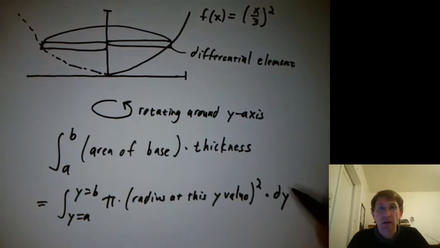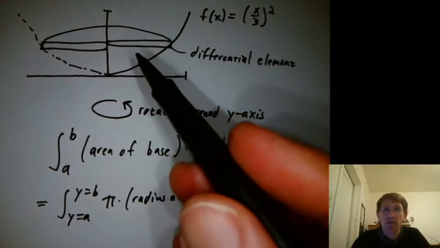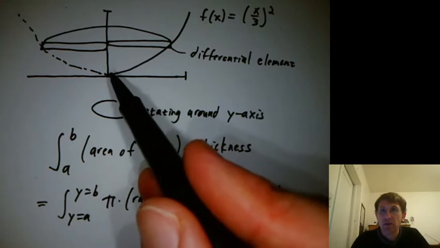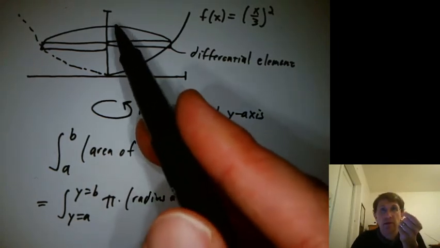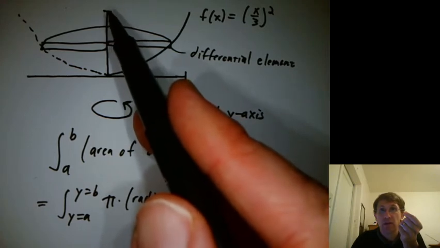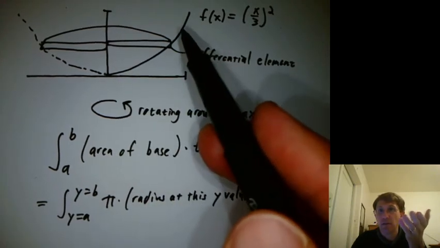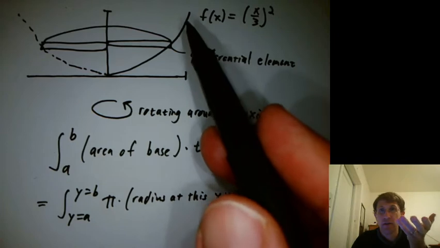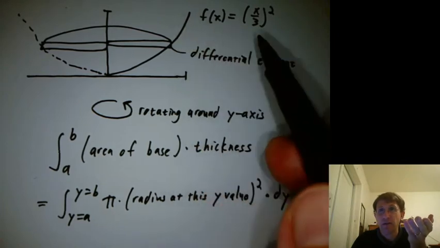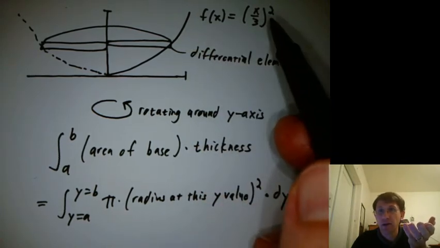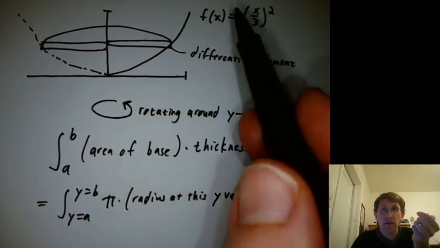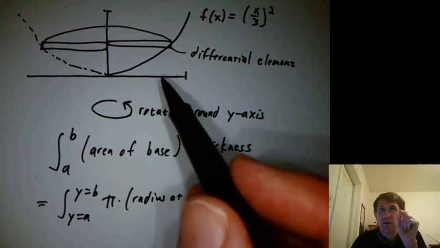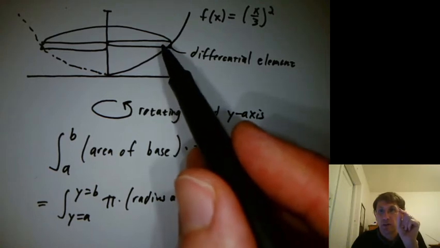Seems okay. So now the question is, if my y value is very small, near 0 here, I have a very small radius of my bowl. If my y value is very large, then according to this shape I have a very large value of my radius. What is that value of the radius? Is it just (x/3) squared? Is it (y/3) squared? Well, this formula tells you for a particular x value how high up you go.